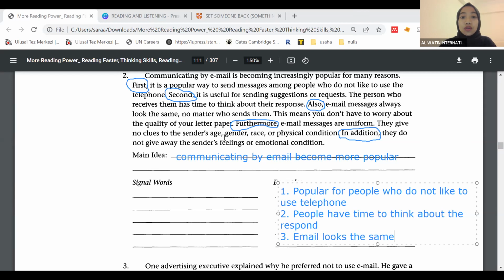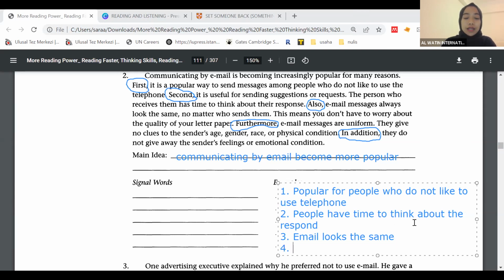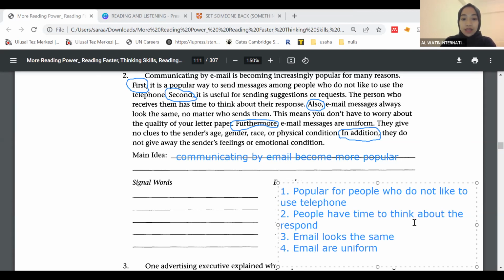They give no clues. Fourth one, email messages are uniform, the same. The last one, in addition, they do not give away the sender's feelings or emotional condition.